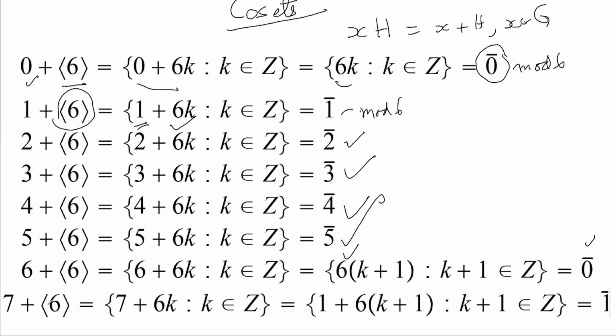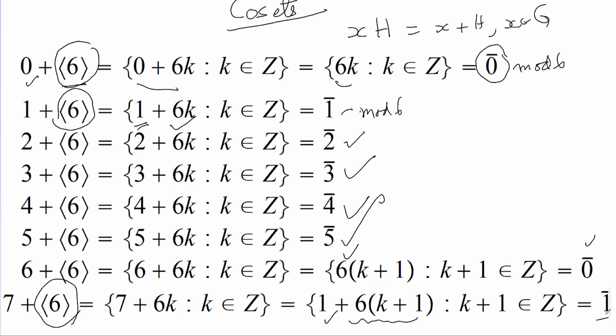Likewise, if you added 7, you start repeating yourself, because now you are again adding 1 to multiples of 6, which is just this cyclic subgroup. So you are back to 1.